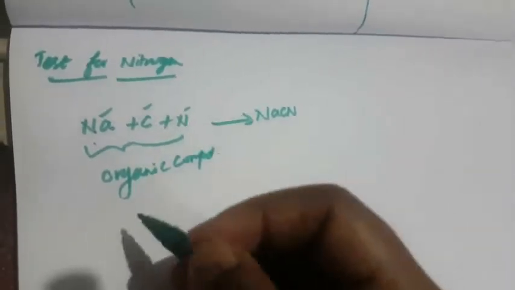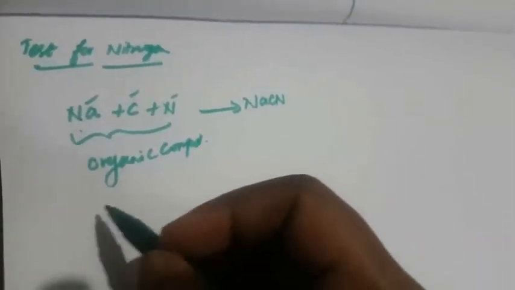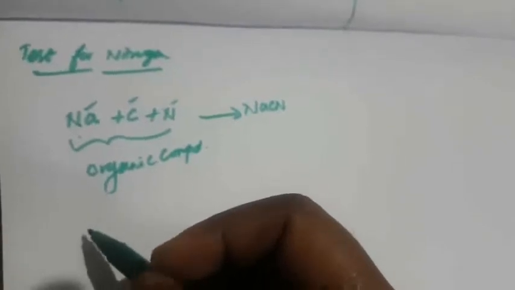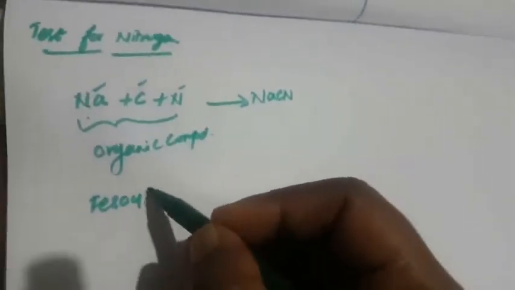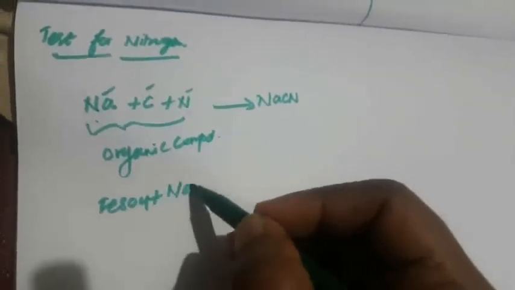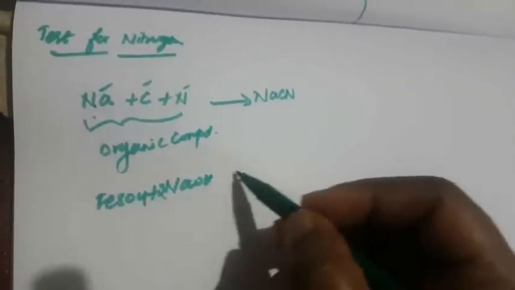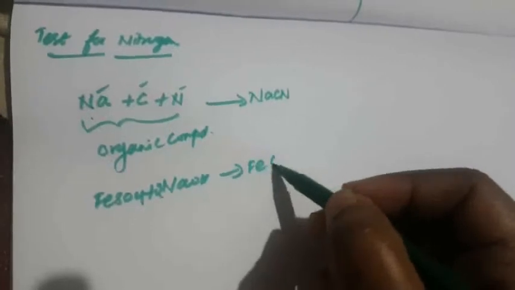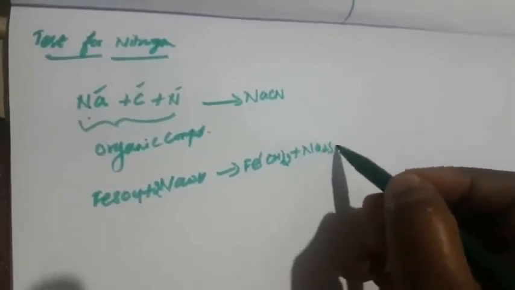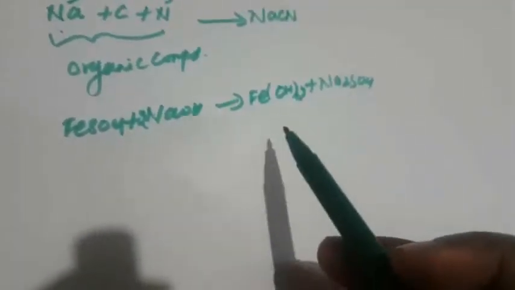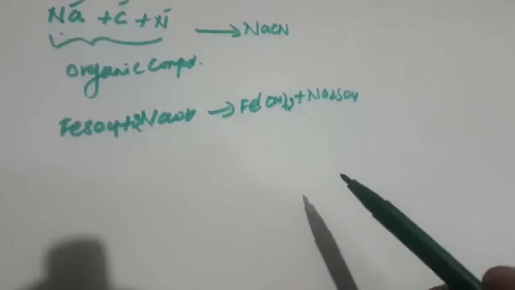After that, the sodium hydroxide and ferrous sulfate mixture. We add excess ferrous sulfate and sodium hydroxide. What will happen? Ferrous sulfate and sodium hydroxide give ferrous hydroxide and sodium sulfate.